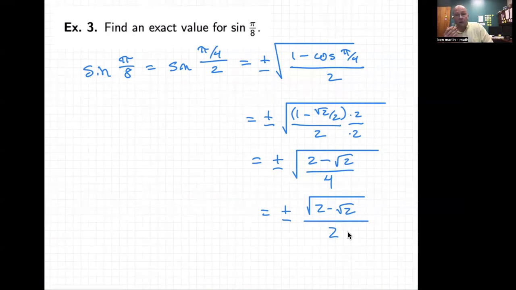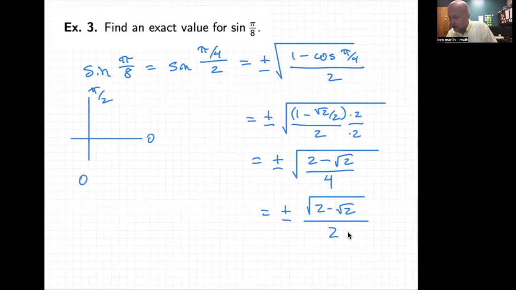Now the plus or minus is a little rougher. This one is actually going to be fairly easy, but in general, you're going to have to think about things a bit. Look at what quadrant your angle up on top is in. This one we know is going to be between 0 and pi over 2 because it's in the first quadrant.